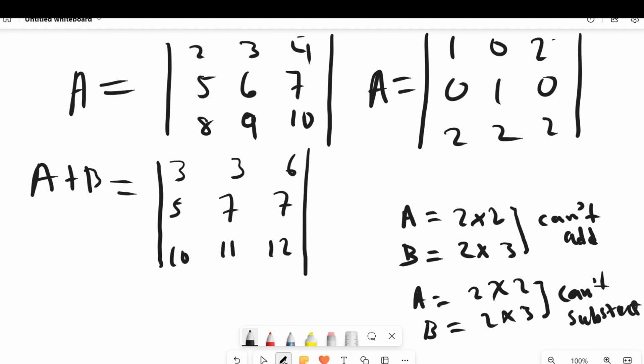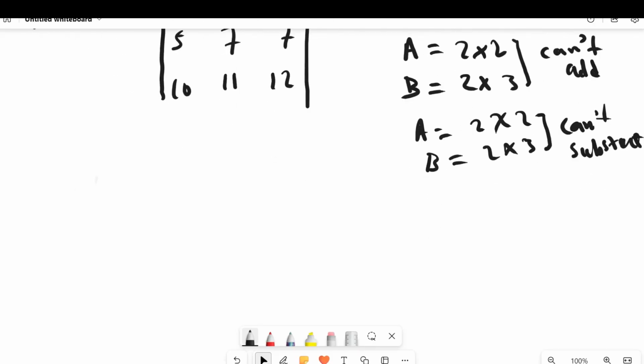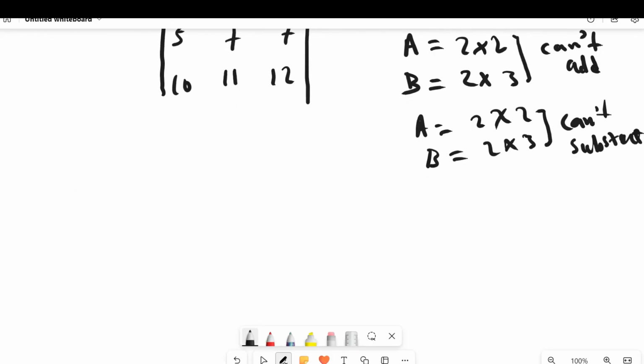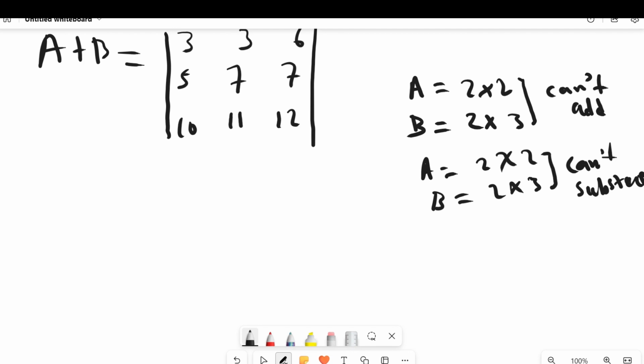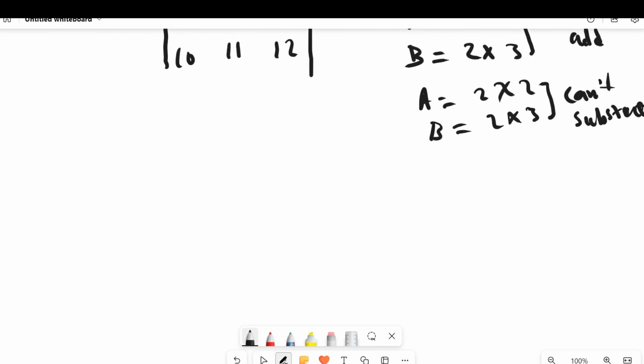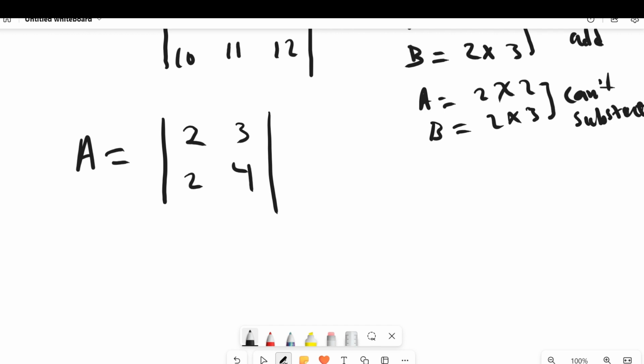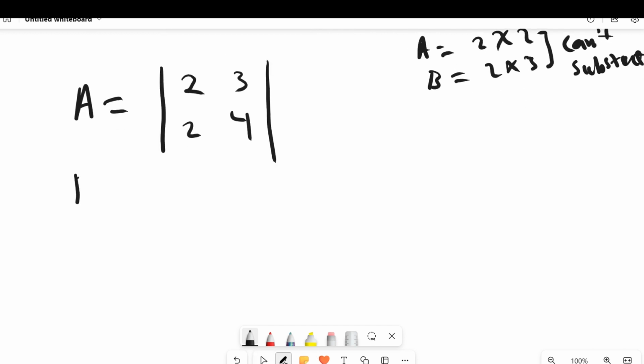All right. So now, in order to determine the matrix that is going to be formed after you have multiplied two matrices, is this. Let's say, for instance, you have matrix A here, and it's equal to 2, 3, 2, 4, and you have matrix B, which is equal to 1, 2, 3, 4.